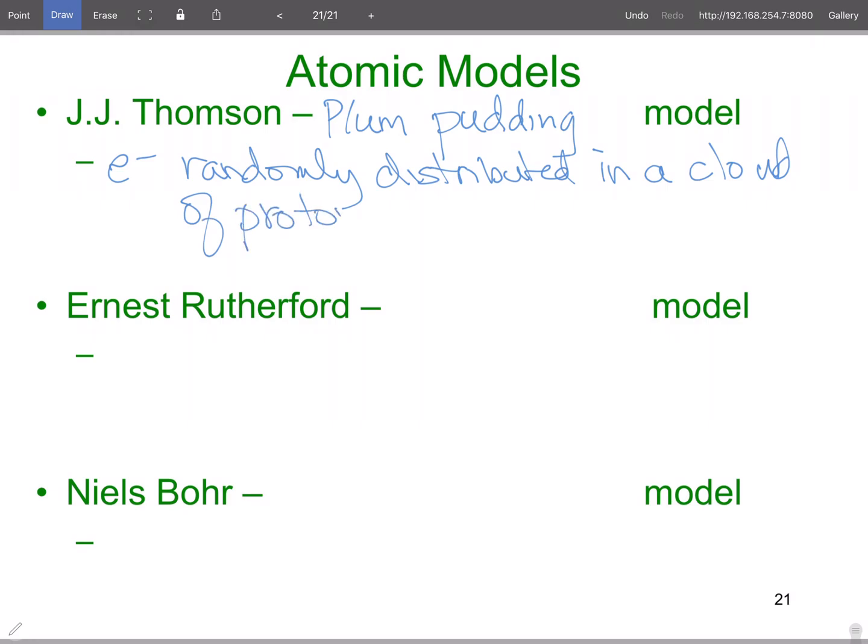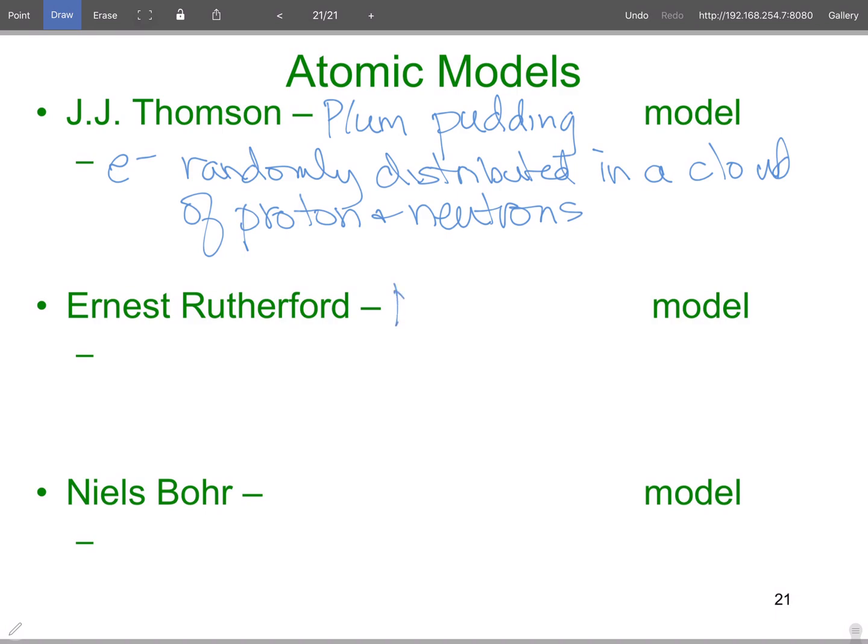Okay, and remember that was the plum pudding model, but I called it the chocolate chip cookie because we don't deal with that. So that was a reigning model for a long time, just like the Big Bang Theory is the new reigning model. There was a theory before that, and there was a theory before that.